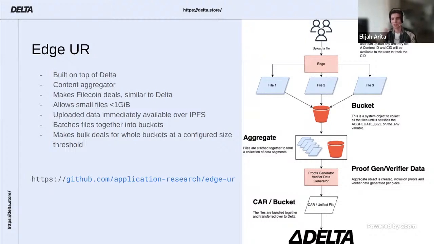What it does is it'll take multiple different files that have been uploaded and basically pack them together and then upload them all to storage providers in batch deals. So those files are going to be aggregated into this bucket, and then submitted to the storage provider. So again, this allows us to upload much smaller pieces of data.